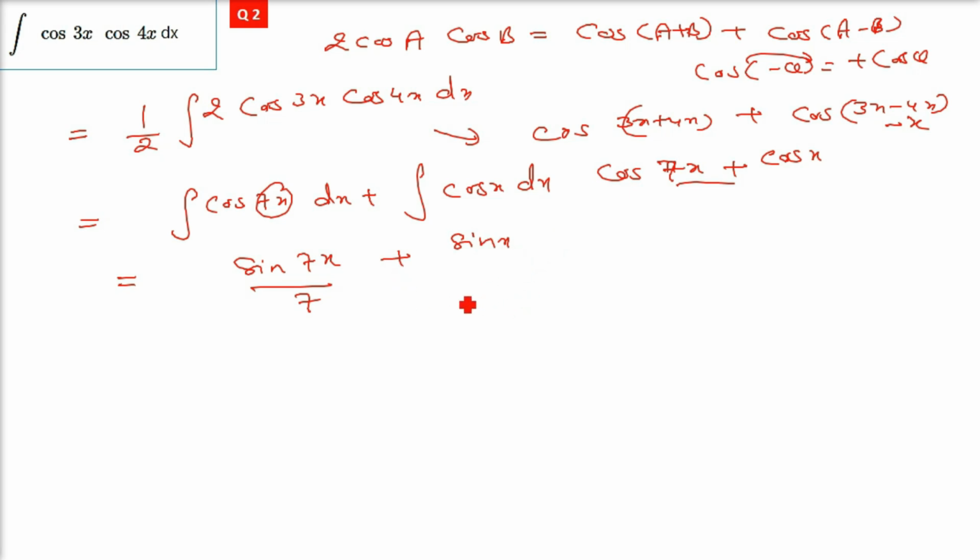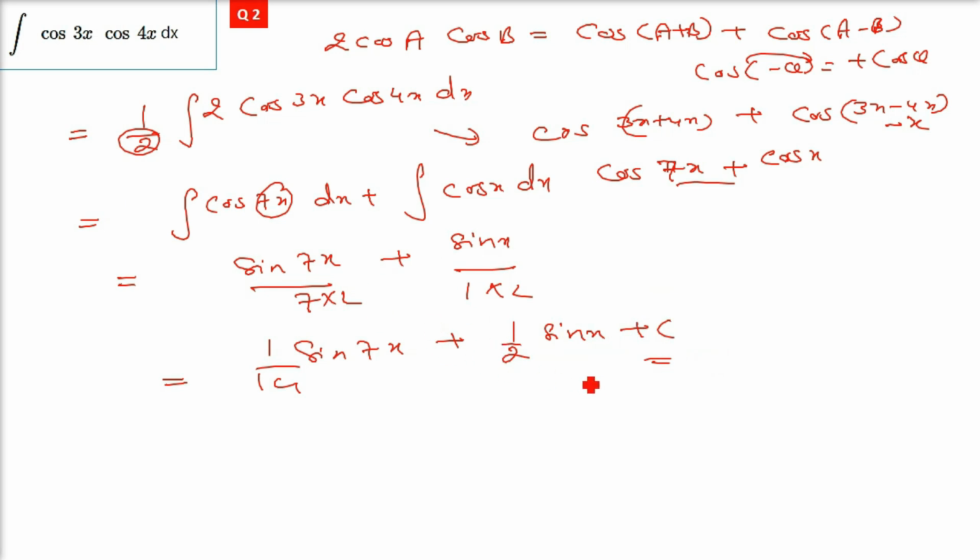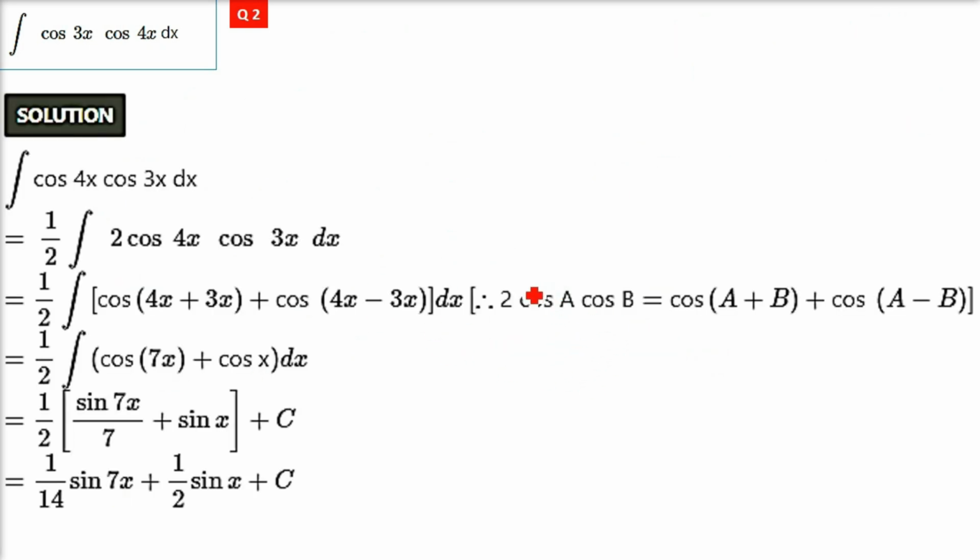So that's why I'm not writing 1, but actually 1 has to be there in the denominator. But there is no change. Now multiply the half, which was outside. So you are going to get 1 by 2 into sin 7x by 7 plus sin x, and the constant of integration also we added. So this is the whole idea. 2 cos A cos B is very important. It will form cos A plus B plus cos A minus B. So 3x and 4x.